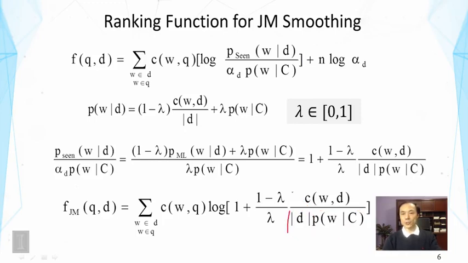So this ratio is comparing the actual count of the word in the document with the expected count given by this product, if the word is in fact following the distribution in the collection. And if this count is larger than the expected count, this ratio would be larger than 1.